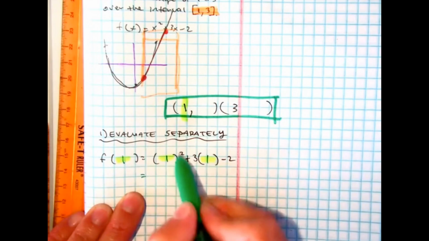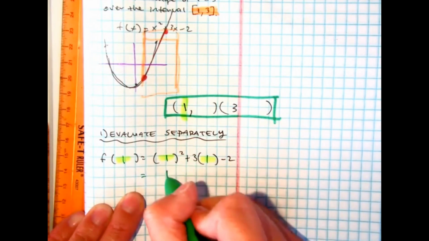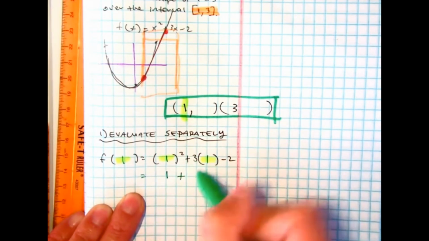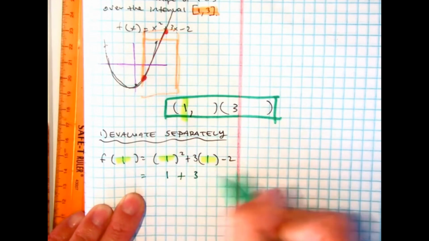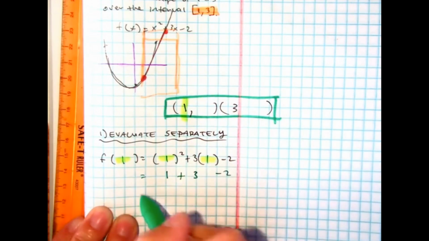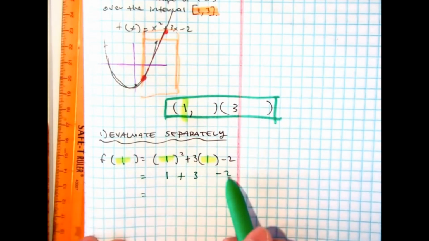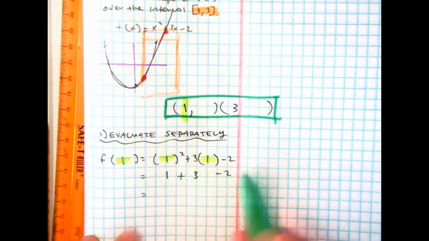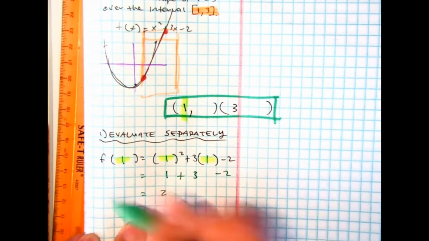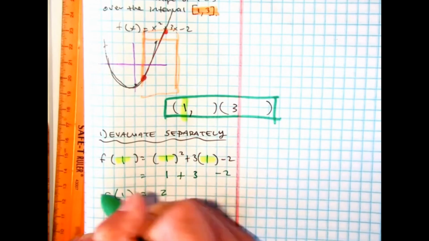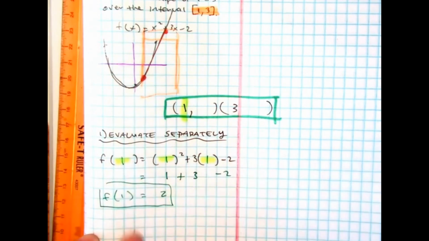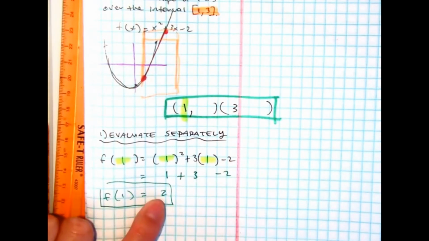Class, 1 squared is 1, 3 times 1 is 3, and I have the -2. 1 plus 3 is 4, and 4 minus 2 is 2. So f of 1 equals 2. My output is 2.